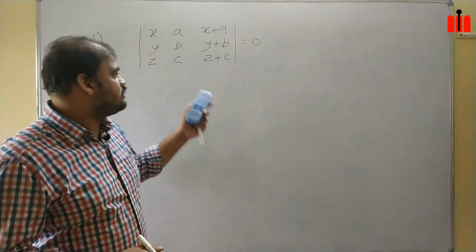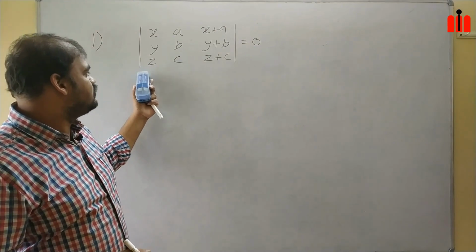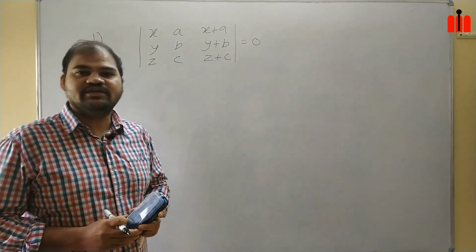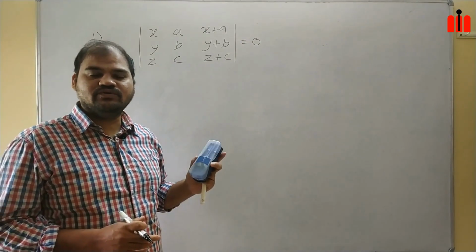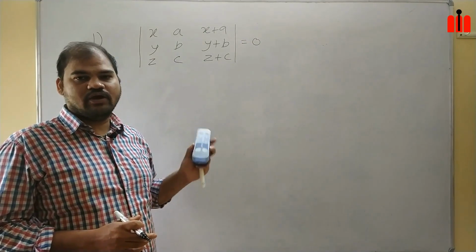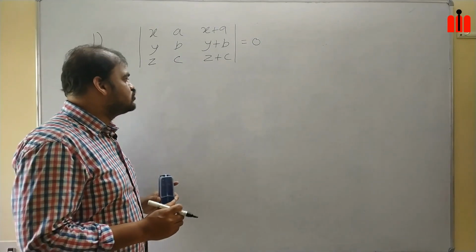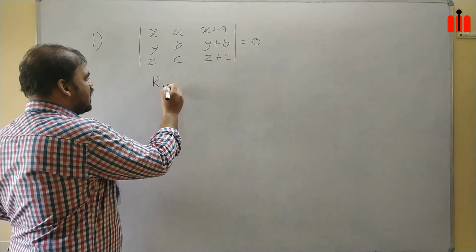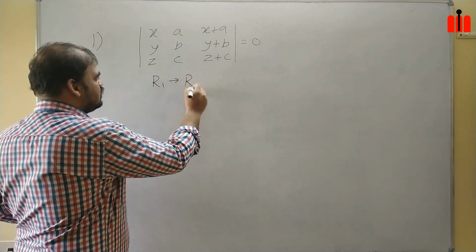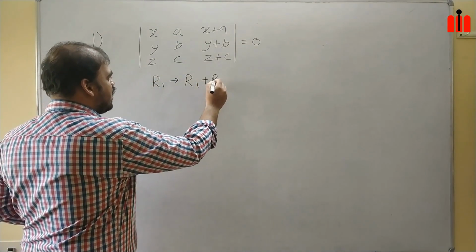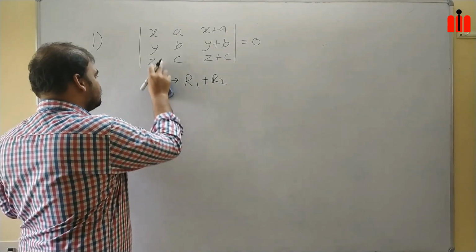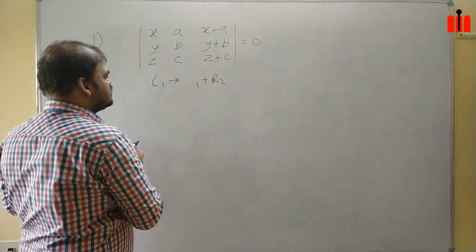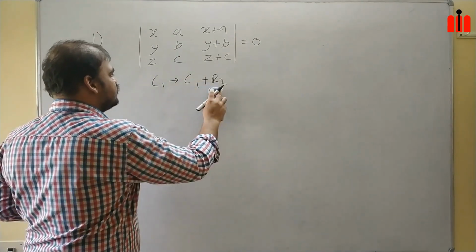By using the properties of determinants, you have to show that the determinant with rows x, a, x plus a; y, b, y plus b; z, c, z plus c is equal to 0. So I will perform the first operation as c1 is c1 plus c2.